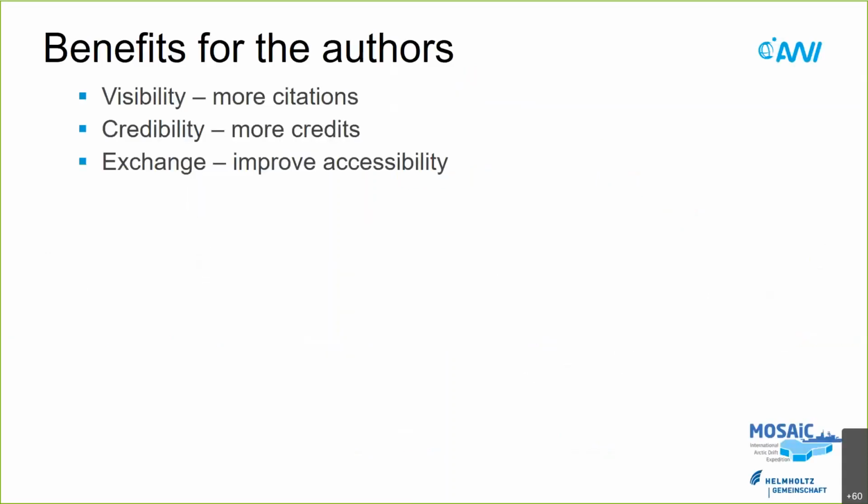So this presented workflow requires an extra planning step for the PIs and authors. It's perhaps more difficult, with more organization needed, but you also have benefits from that through increased visibility.